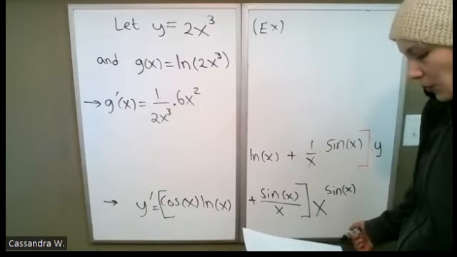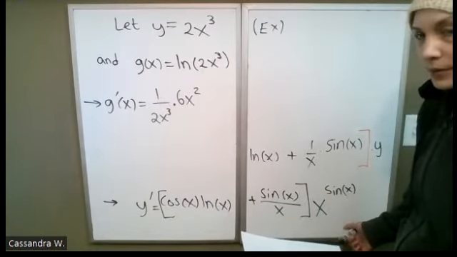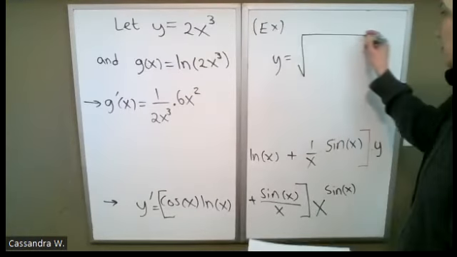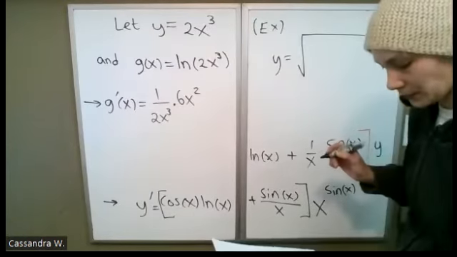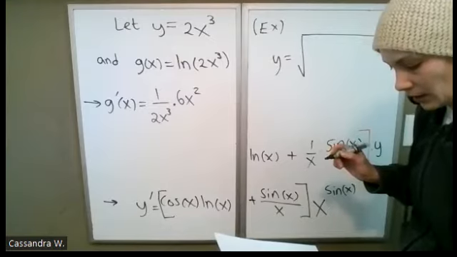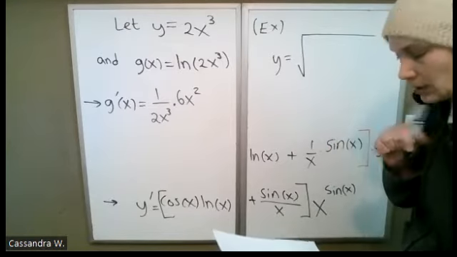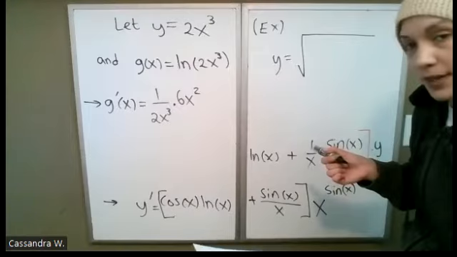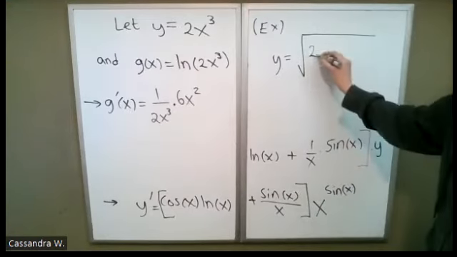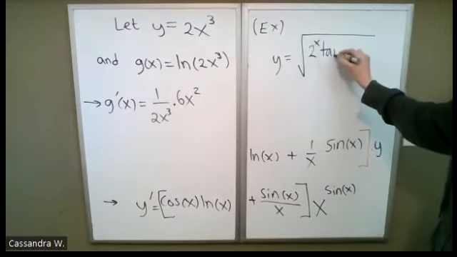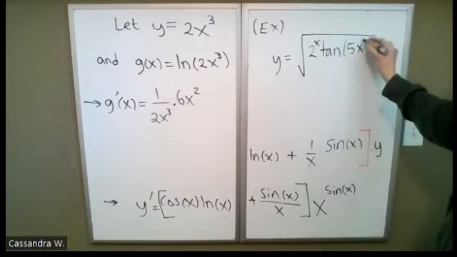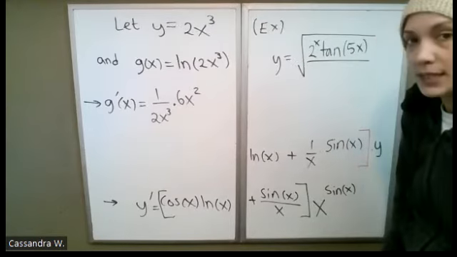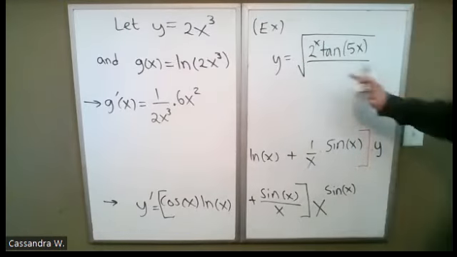Okay, y is the square root of 2 to the x times tangent of 5x over x cubed times e to a power of 2x.